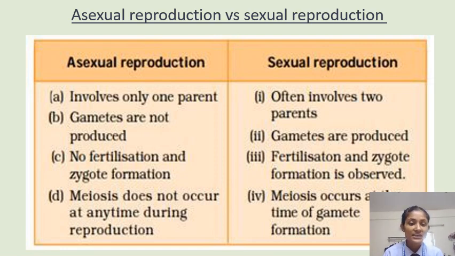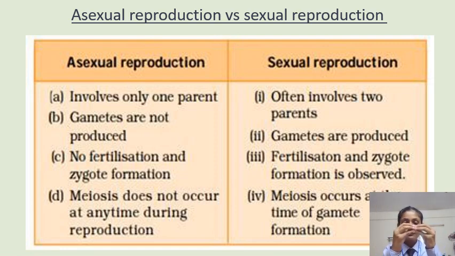Because in asexual reproduction there is no production of gametes or sex cells, there is no fertilization and no zygote formation. Fertilization is basically the fusion of the male gamete and the female gamete. This fusion together is the process known as fertilization.